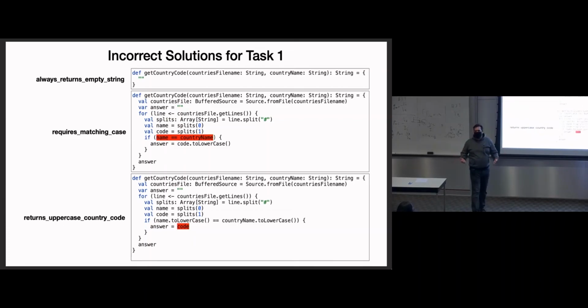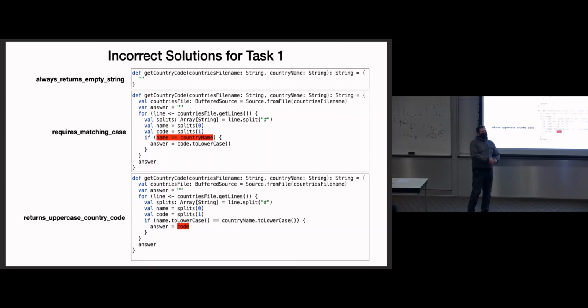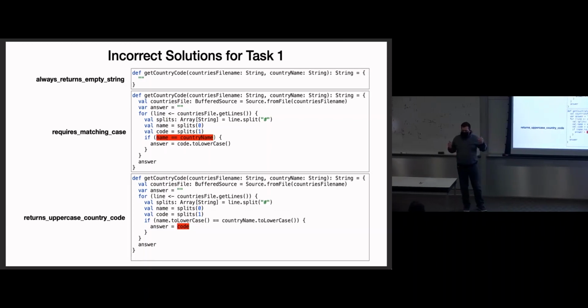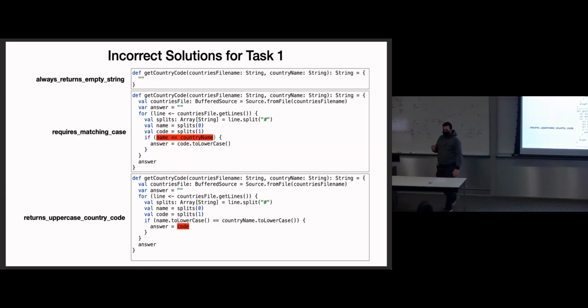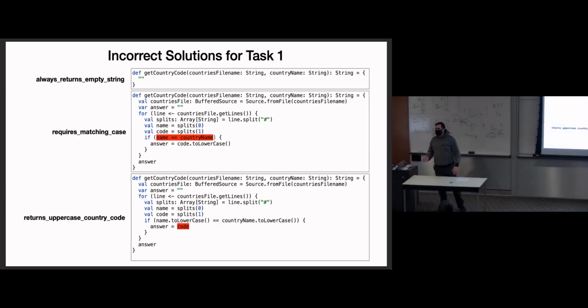If you wrote your test suite and you're really happy with it, you think there's no possible way an incorrect solution could get through all of your testing, but you submit to Autolab and one of these solutions says, hey, you're still marking me as correct. That's when the hint text can give you an idea of something that you might not have tested for that you should add to your test suite. So the hint text, intentionally cryptic.